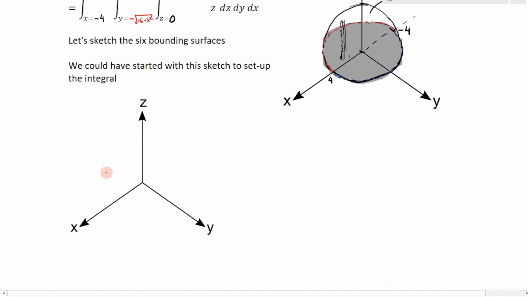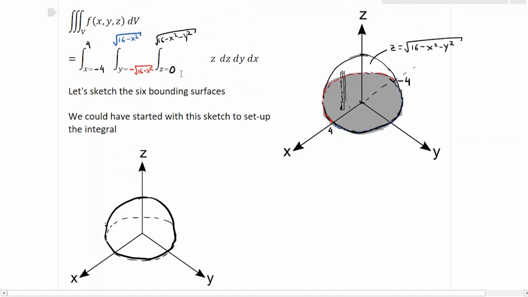Now let me redraw this hemisphere and show you that the bounding surfaces are correct. So we have this guy like this, base of the hemisphere, top dome of the hemisphere. So this is saying that one of the bounding surfaces is z equals 0, and that is correct. Z equals 0 is indeed a bounding surface. Another bounding surface is the upper dome of the hemisphere. This is also fine.